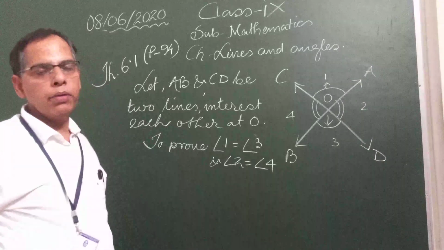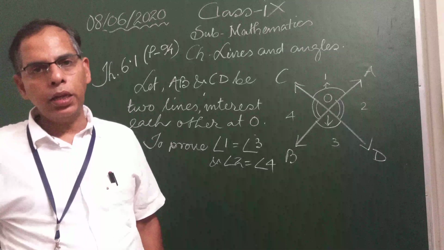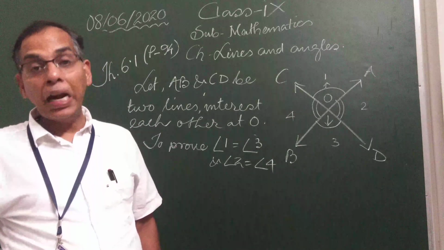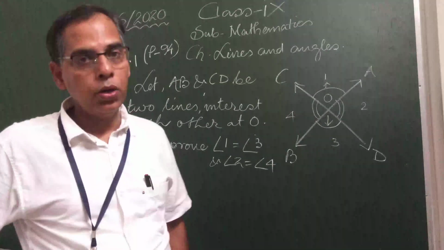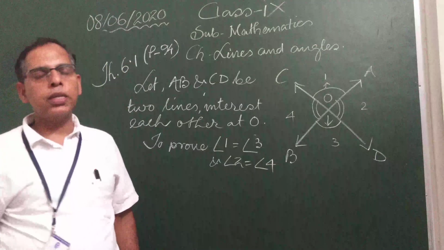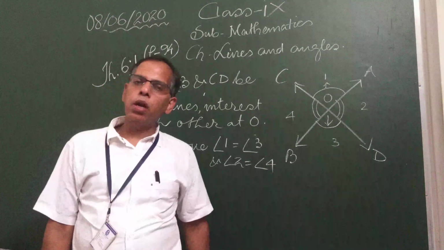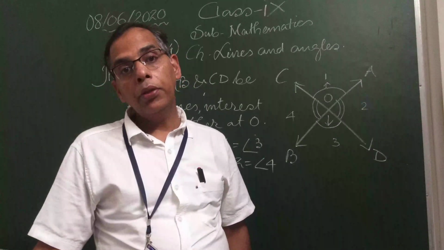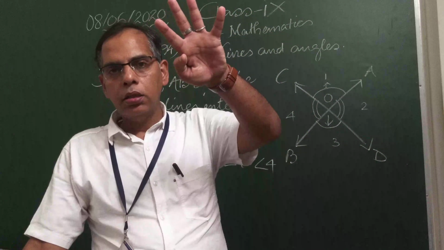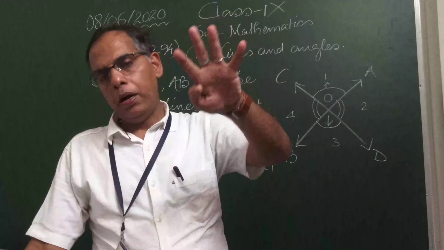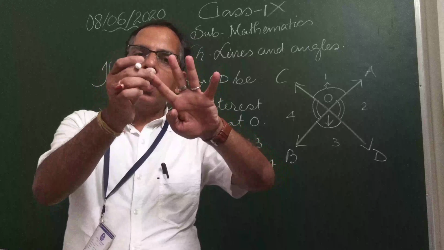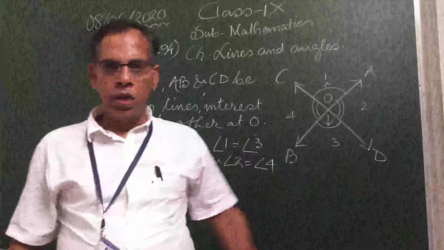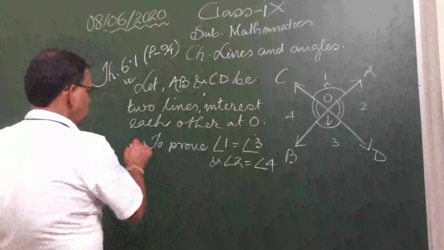Now, in geometry, if you have studied in class 9 the quadrilateral chapter, the theorems on parallelogram, rectangle, square, rhombus, then you have seen that when you are going to prove a geometrical theorem, there are maximum 4 parts. First part is the introduction, which I have given. Second part is what you are going to prove.